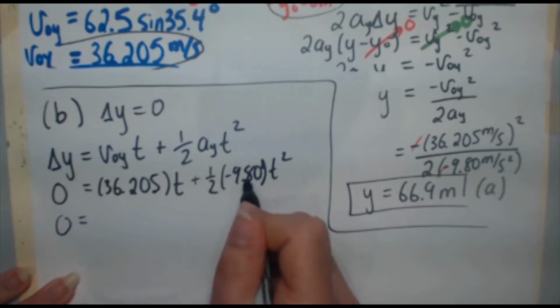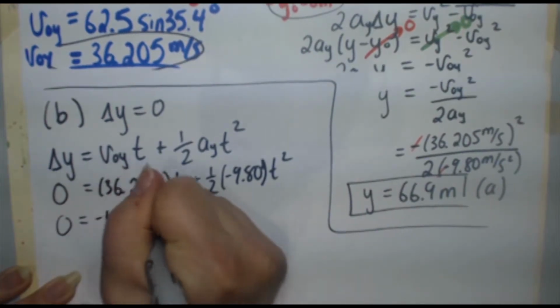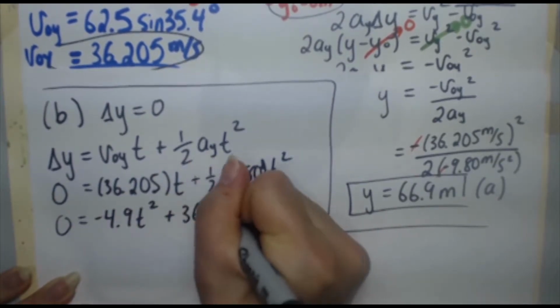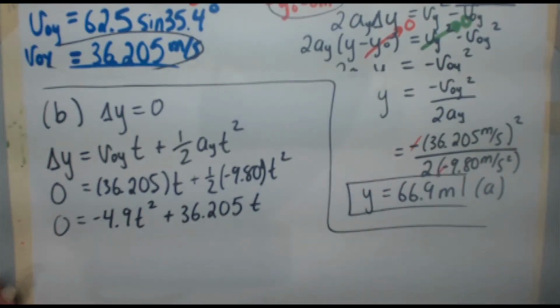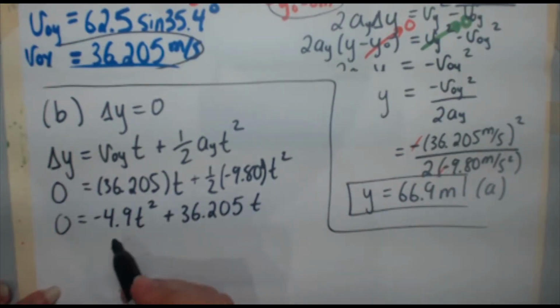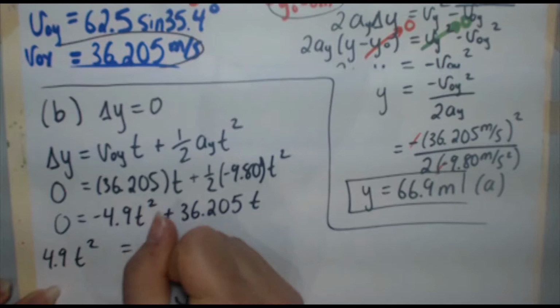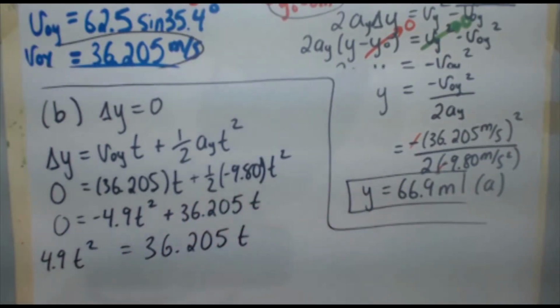So negative 9.8 times 1/2 is minus 4.9 t squared plus 36.205 t. Now we don't actually need the quadratic formula for this, which is really nice. We can simply add 4.9 t squared to both sides, giving us the following statement. 4.9 t squared equals 36.205 t.